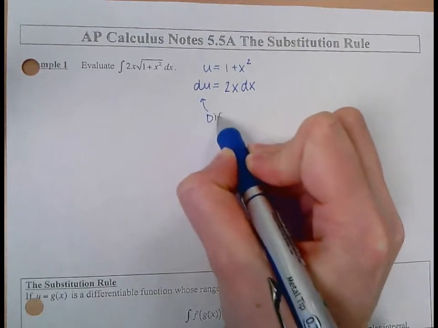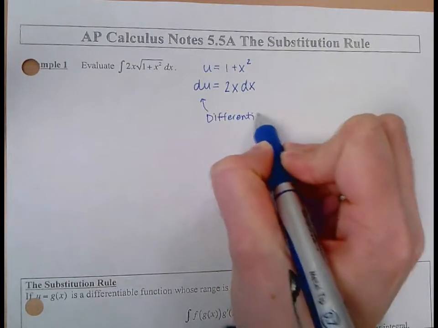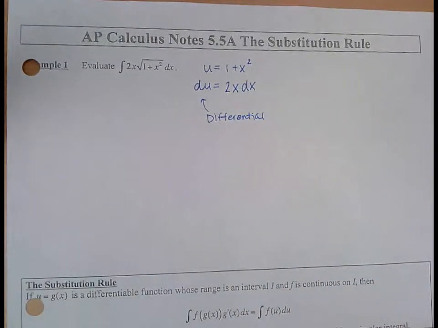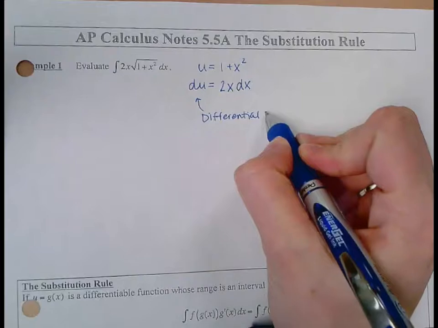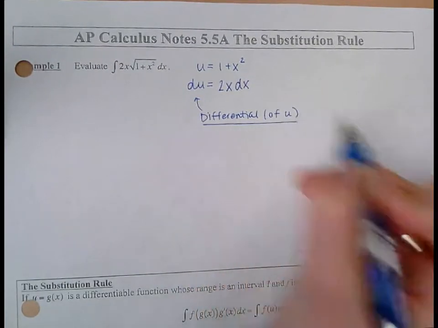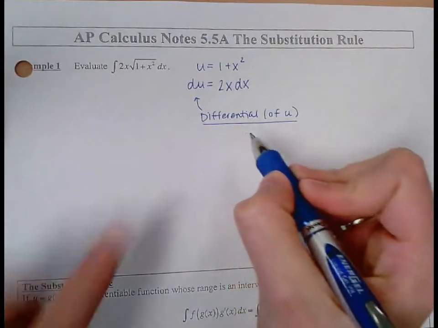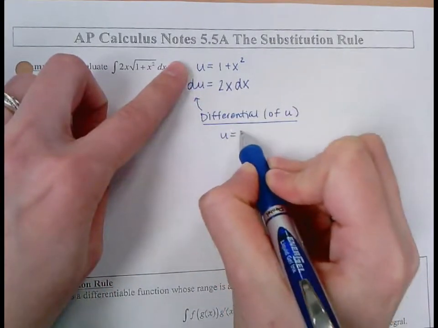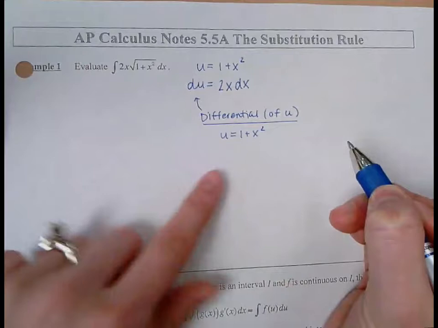So this is called a differential. So I said for our purposes, really up until now, the dx in an integral doesn't really mean anything on its own. There is such a thing as differentials. Aside from this instance now, we don't use differentials for anything. But a differential of u is what this is called. And just to explain it to you, u is equal to 1 plus x squared, and I'm going to write this in Leibniz notation.